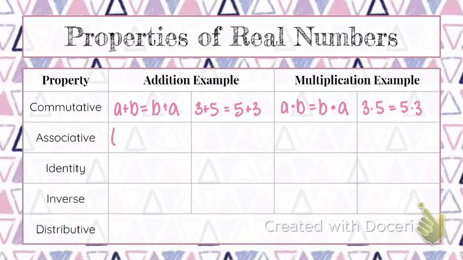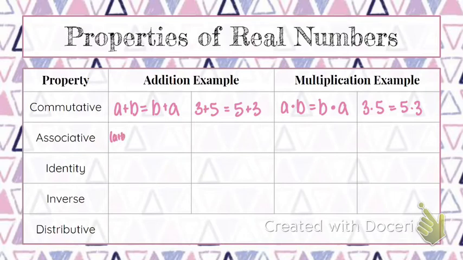In associative, it says that (A plus B) plus C equals A plus (B plus C). I'm going to try that again and try to stay in the lines. Okay.